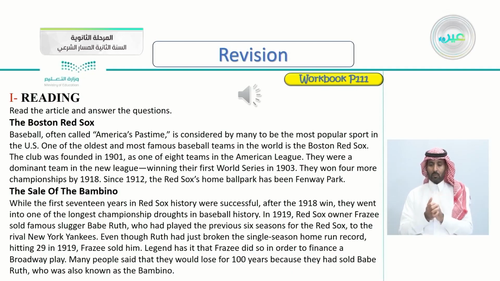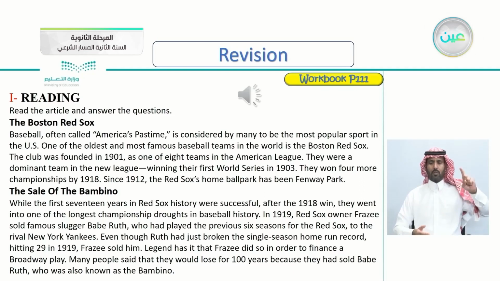The sale of the Bambino. While the first 17 years in Red Sox history were successful, after the 1918 win, they went into one of the longest championship droughts in baseball history. In 1919, Red Sox owner Frazee sold famous slugger Babe Ruth, who had played the previous 6 seasons for the Red Sox, to the rival New York Yankees.